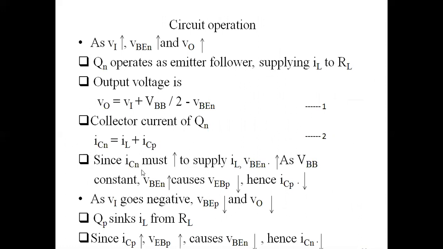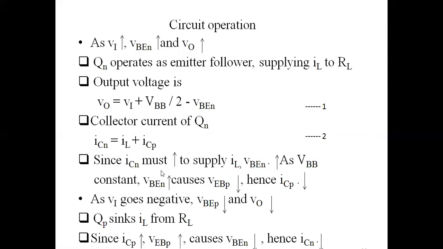The increase in IN or ICN will increase the VBEN. However, since the voltage between the two bases, that is VBB, is constant, the voltage between the two bases remains constant at VBB.